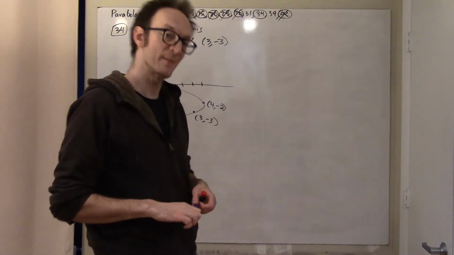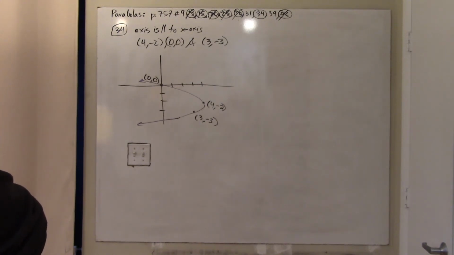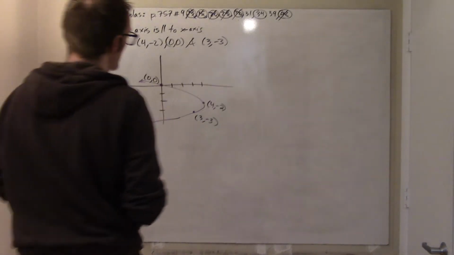So really this is just kind of an algebra problem: find the equation of the sideways parabola that passes through these 3 points. And basically, you have 2 ideas.